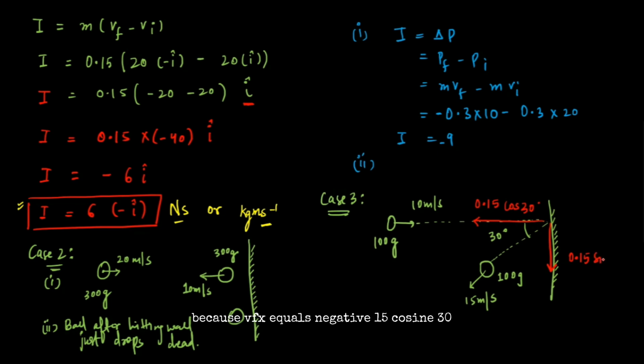Because v final x equals negative 15 cosine 30 degrees. So cosine 30 is what? Root 3 by 2. Yeah. And initially the momentum traveling in this direction is supposed to be 0.1. You just have to add them in order to get the change in momentum in the x direction. So delta p x, no, you have to do negative 15 times square root 3 by 2.